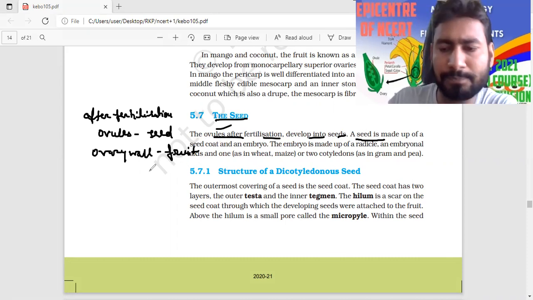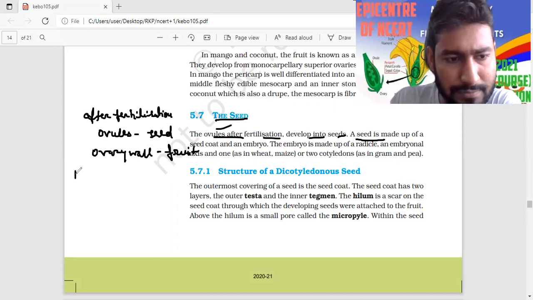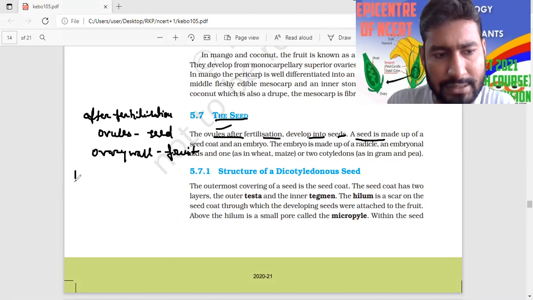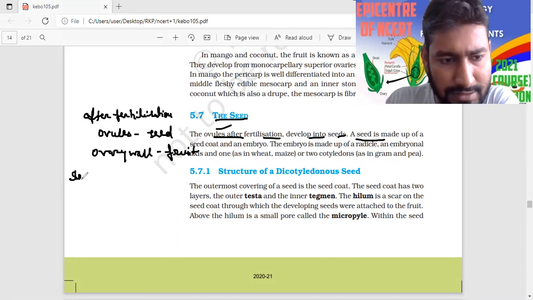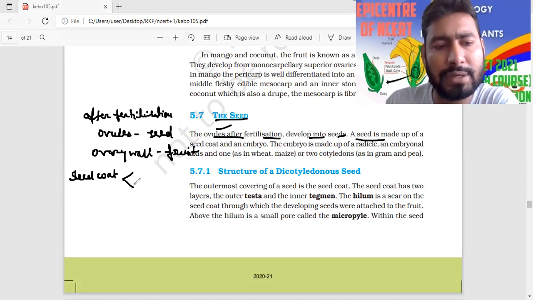They have given one very important thing, that is the seed coat. This seed coat is generally formed from two different layers.